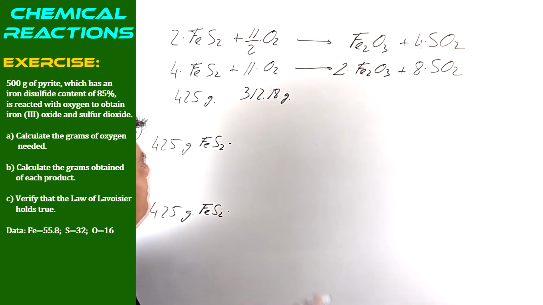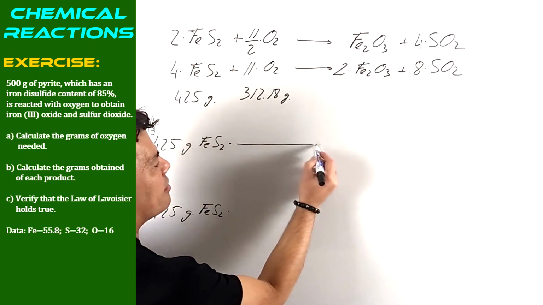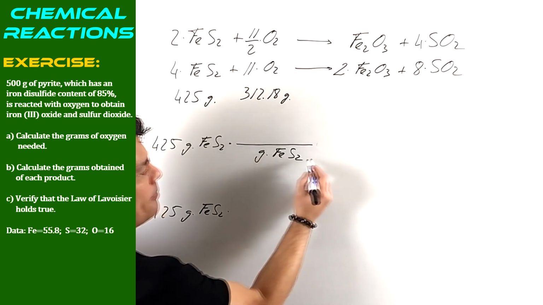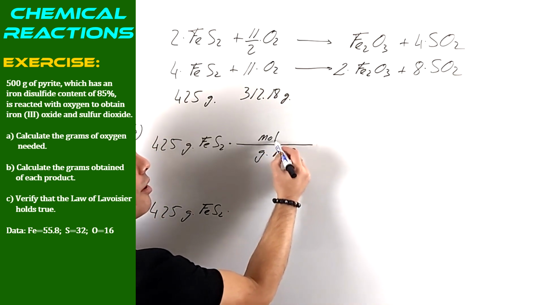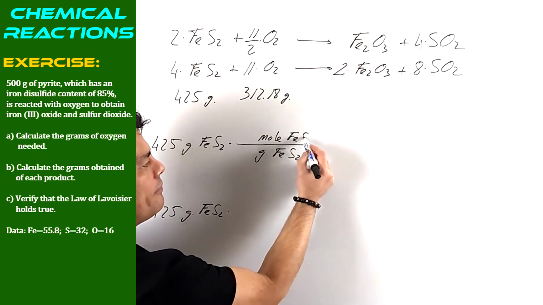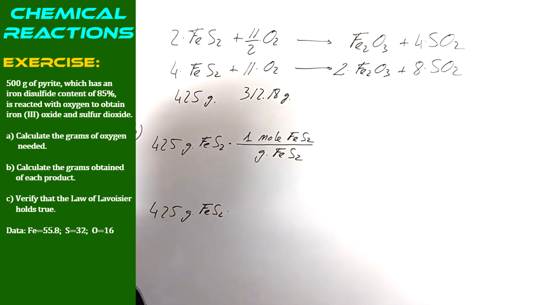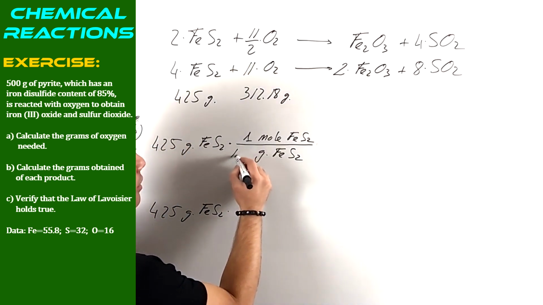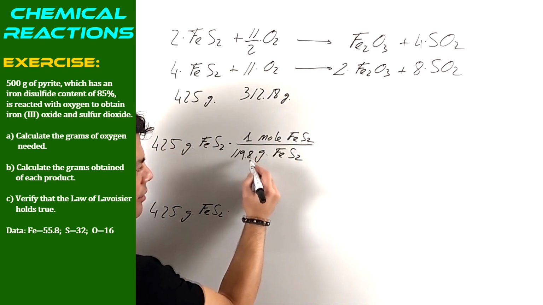Let's do it. The first calculation is, as usual, grams of iron disulfide to move into moles of iron disulfide. Just 1 mole here, and as in the previous section, 119.8.